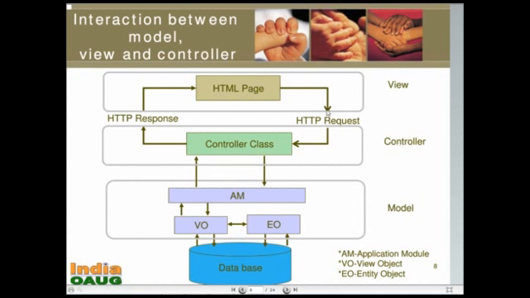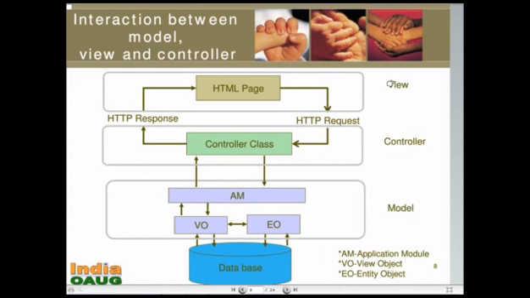Then automatically the request will come to your controller. The controller is nothing but your Java class, and it will connect to AM. AM stands for application module. Internally it will connect to the view object, then to the entity object, then to the database.